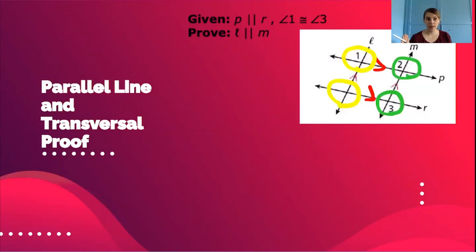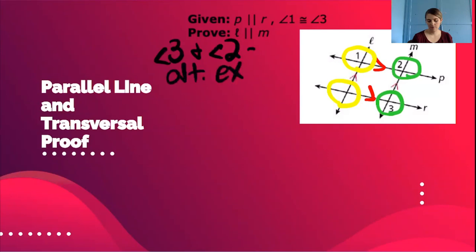So I'm not going to do anything with that. But when I look at my green, I see that I have angle 3 and angle 2, and they're alternate exterior angles. And because I already know that P and R are parallel to each other, then I know that angle 3 is congruent to angle 2.